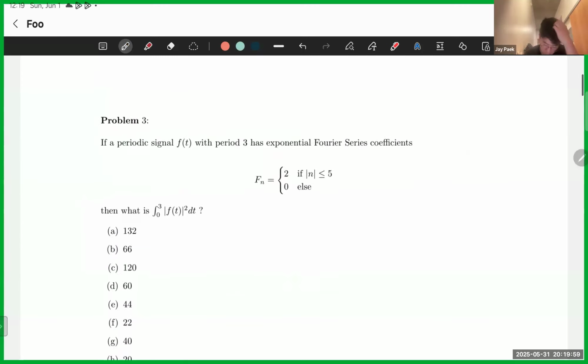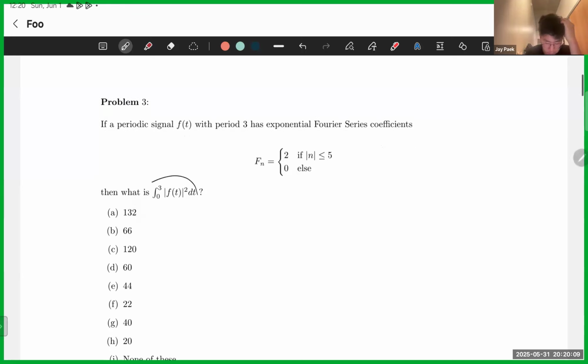Problem 3. If a periodic signal f of t with period 3 has exponential Fourier series coefficients, okay, then what is this? My initial reaction is that this is just the integral over the period of this.